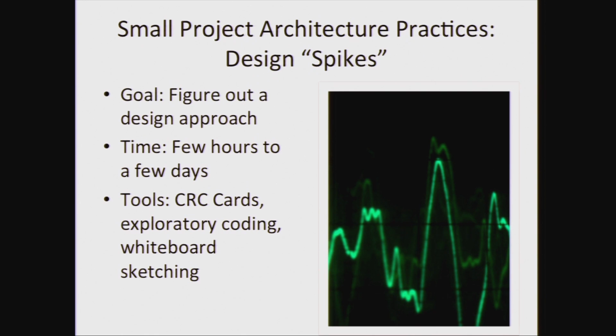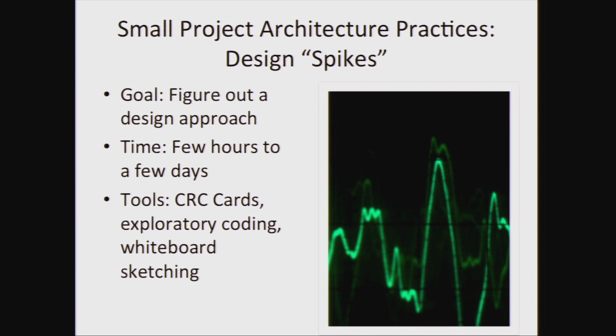As a developer, if I'm doing XP or something like that within a Scrum project, if I don't know how to do something, I don't just sit there and twiddle my thumbs. I declare I have a design spike. It says, I don't know what to do. We've forgotten that we used to have these things called design spikes. And what that means is that I'm taking myself off of the delivery path for a little bit of time. I may take a few hours to as much as a few days.